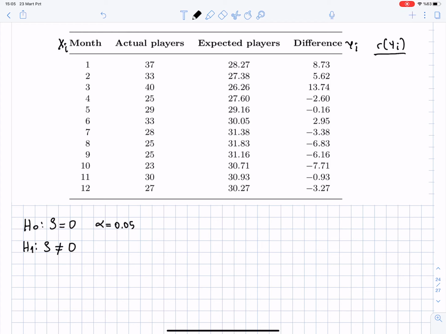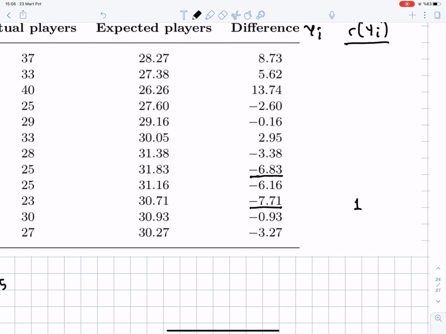Let's construct that. The smallest value should have the value 1. So minus 7.71 is the smallest one, so I'm going to place the ranking as 1. The second smallest value should be minus 6.83. So this is going to get the value 2. And the third smallest value is minus 6.16. This is going to be 3.